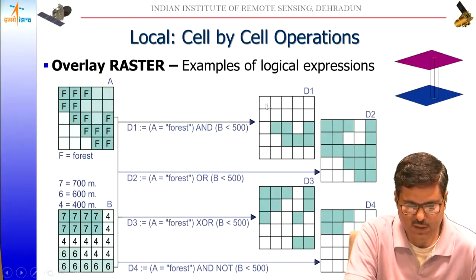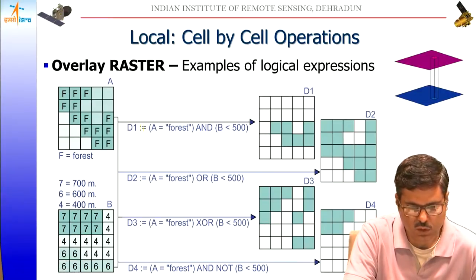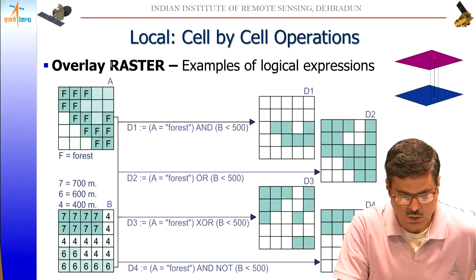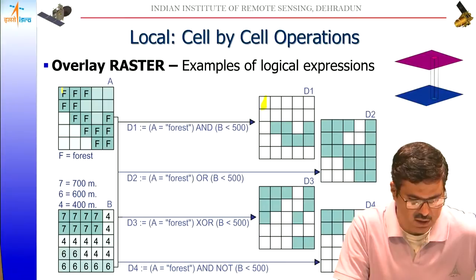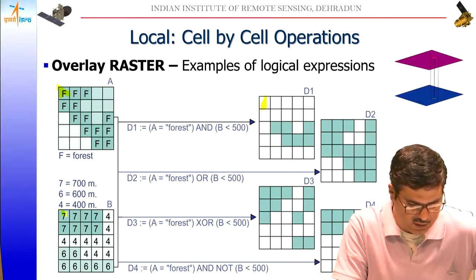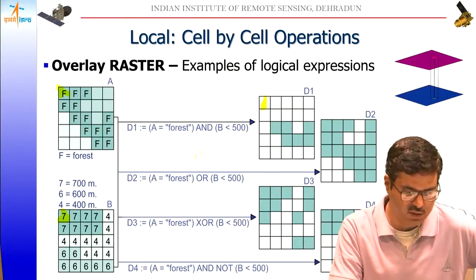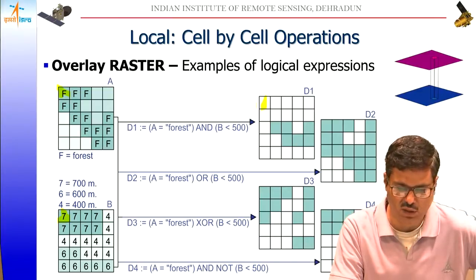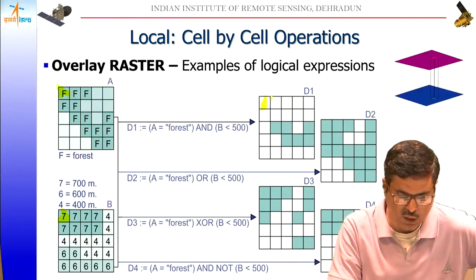Let's see the output, and why this is not coming in the output. If we look at this pixel in A, this is F, which is fine, but the value of B here is 7, and it should be less than 500, but this is 700, hence it is not coming into the output.